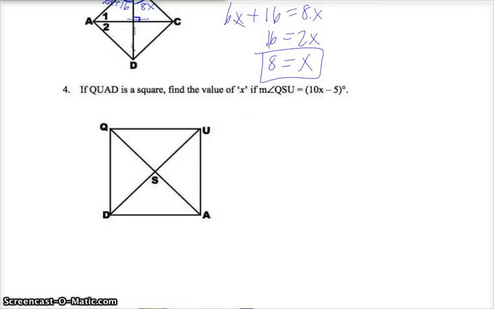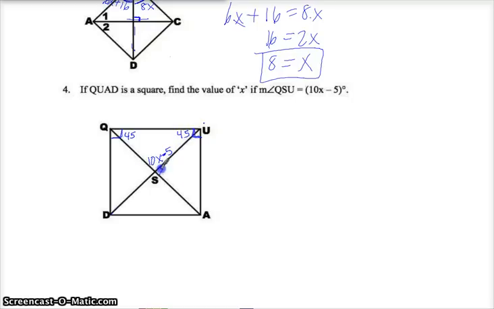Number 4, QUAD is a square. Find the value of x if the measure of angle QSU is 10x minus 5. How am I going to do that? Well, if it's a square, then what just happened? We know that these diagonals, because it's also a rhombus, so same as above, that means these have to be 45-degree angles.